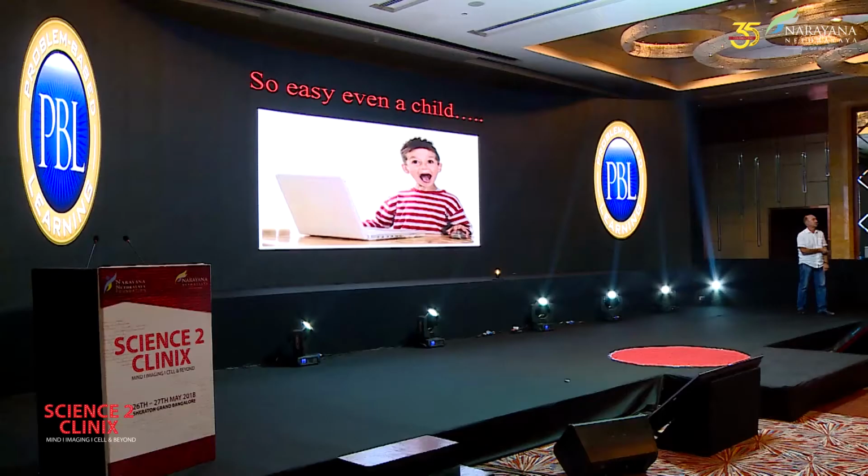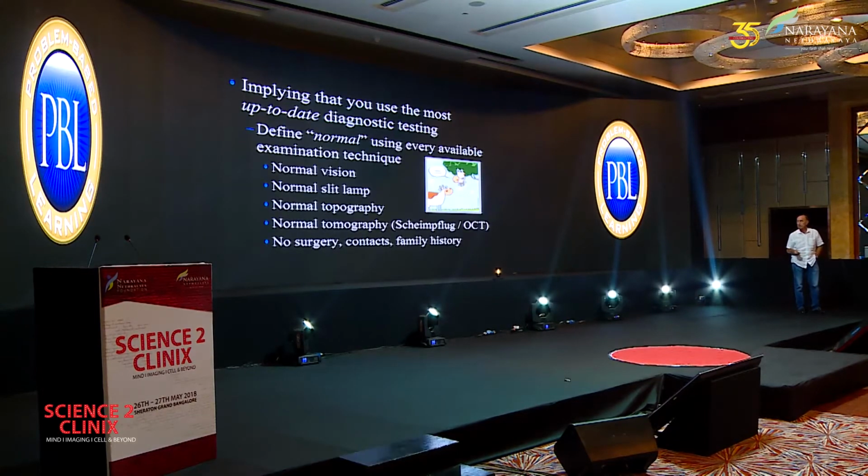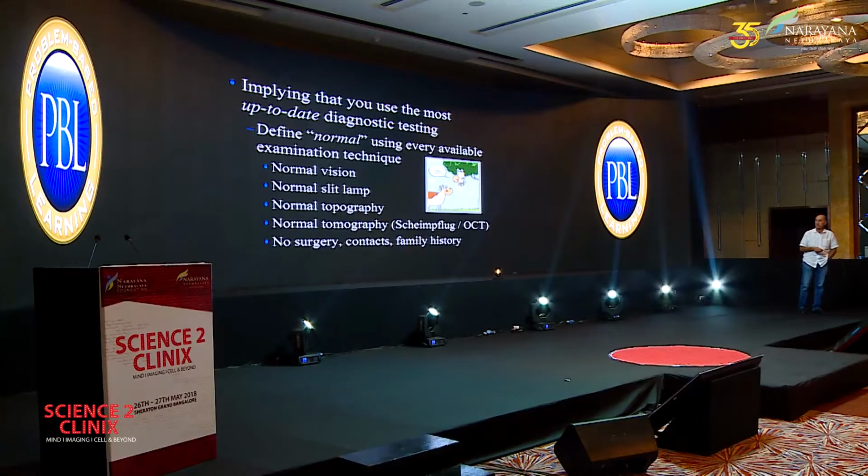So the first problem, I'm grouping these studies, and the first one I call a method so easy, even a child can do it. It's implying that you use the most up-to-date diagnostic testing. If you read papers, they'll define their normal study group using every available examination: normal vision, normal slit lamp, normal topography, normal tomography, Scheimpflug, OCT, no surgery, contacts, family history.